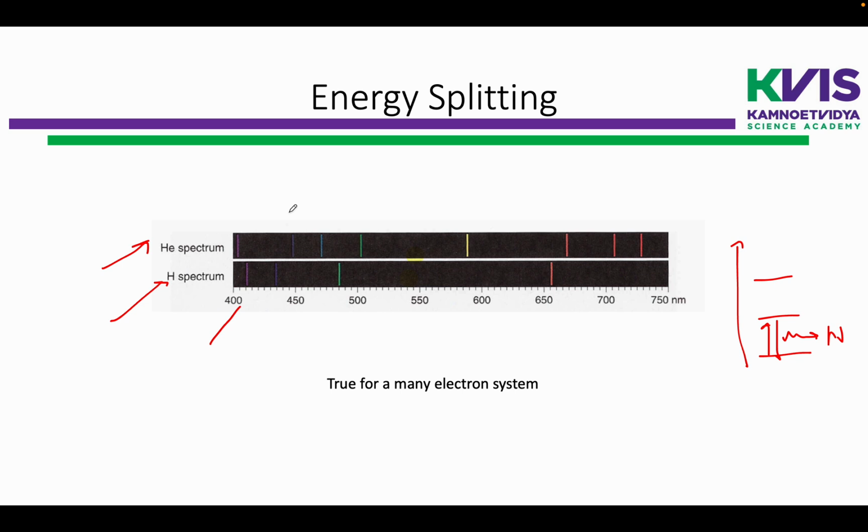We're not solving the Schrodinger equation for a particle in a one-dimensional box. We're solving the Schrodinger equation for a potential well, which is now your nuclear attraction with particles consisting of multiple electrons. So the energy levels will also reflect the complexity of that problem.